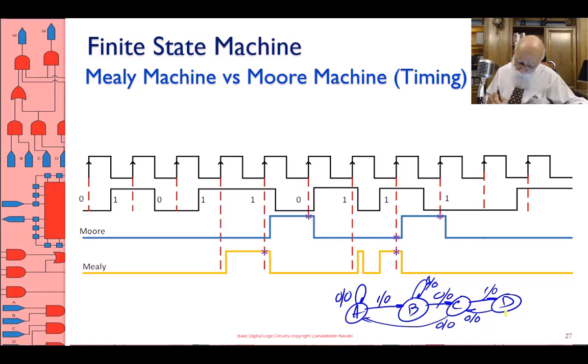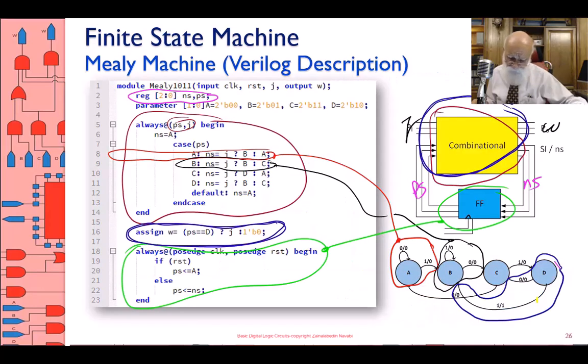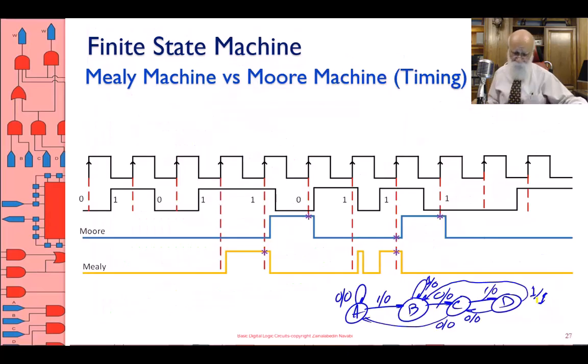I'm going to get a 1 output, and then go to state B. 1 output. Okay, let me quickly check with what I have here, and yeah, it does look good.